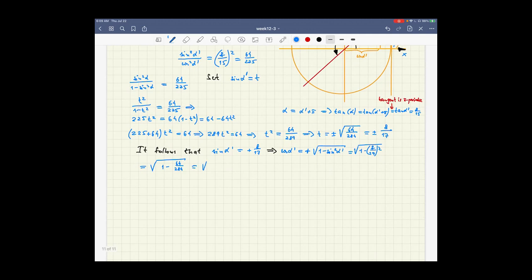And that we know will be 289 minus 64 over 289. That in turn equals square root of 225 over 289.